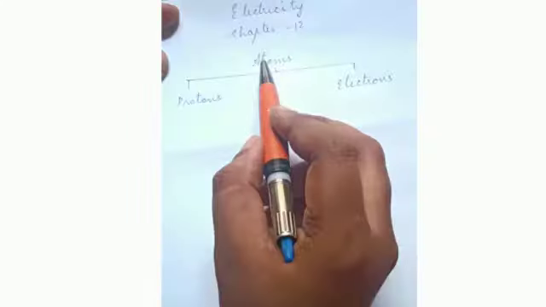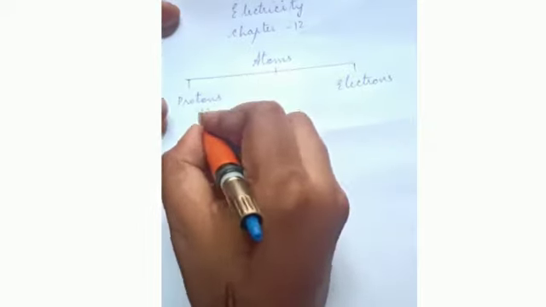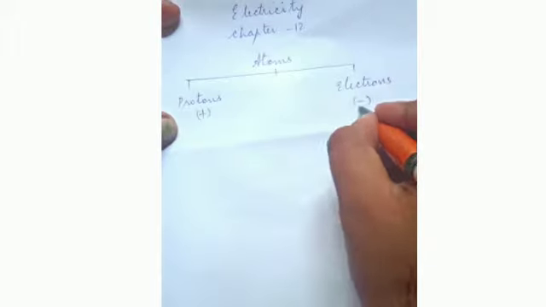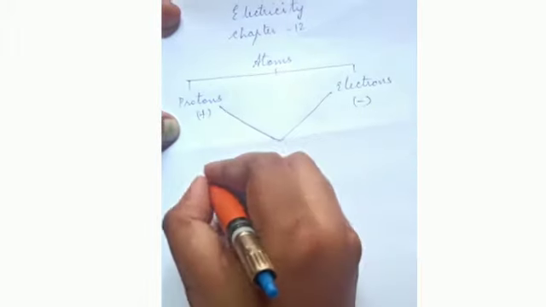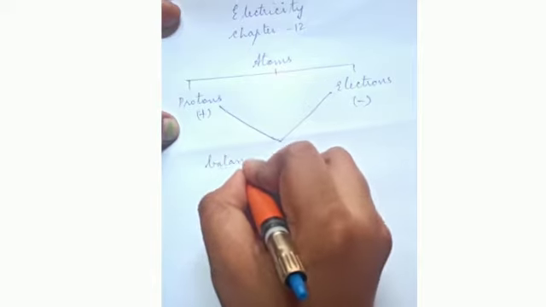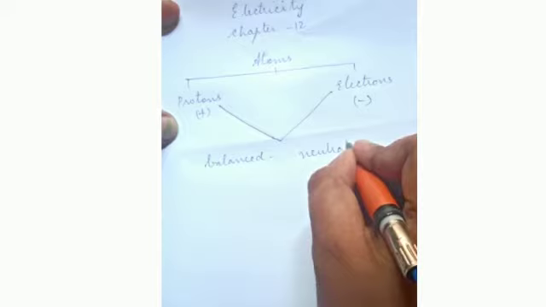Atoms are electrically charged: the protons have positive charge and the electrons have negative charge. When the number of electrons and protons is balanced, we say it is the neutral state of the atom.